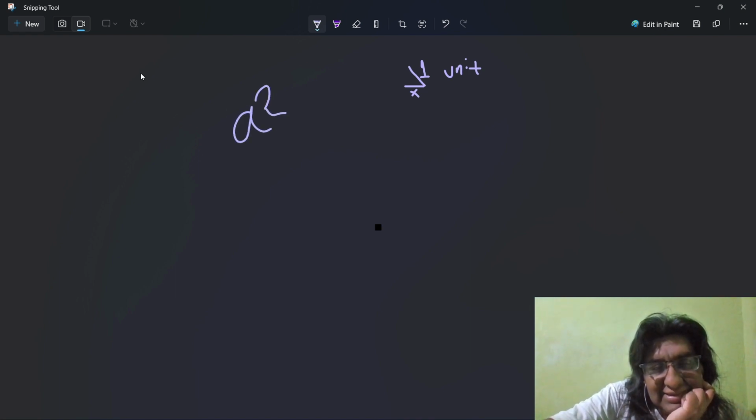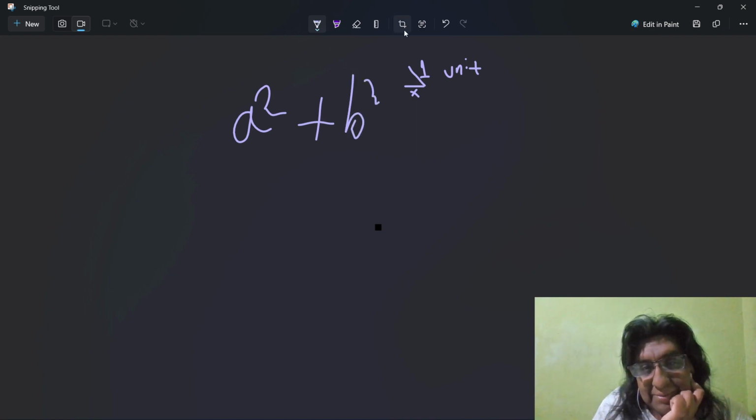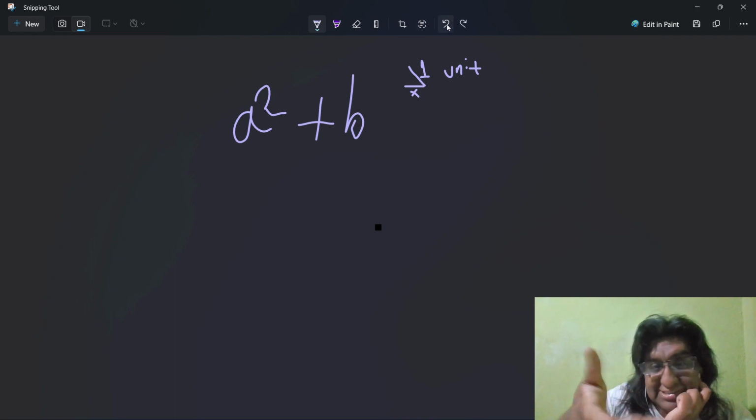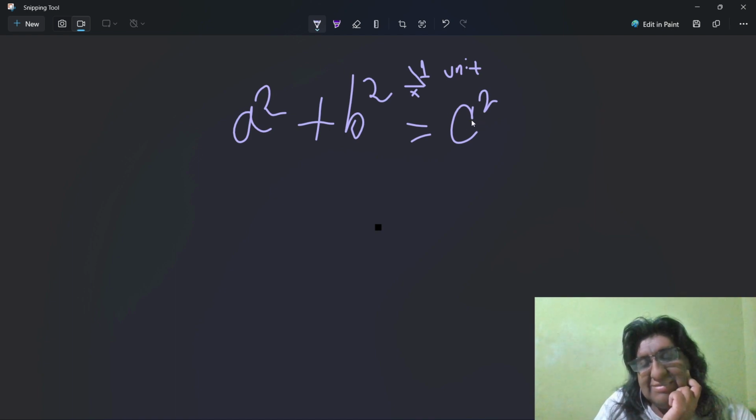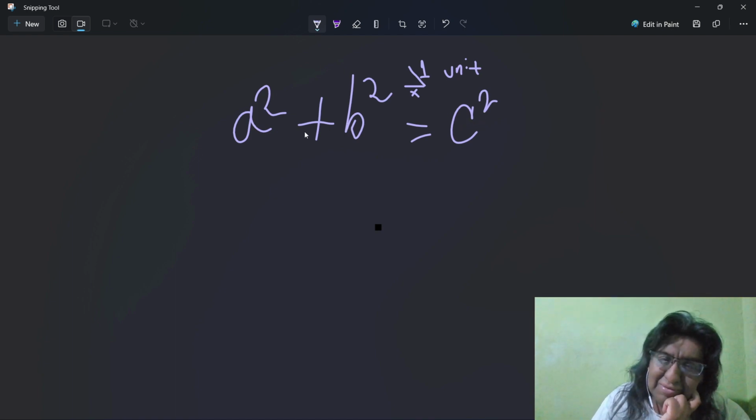It says that a squared plus b squared equals c squared. This is the first time I am writing on a touch screen. c squared is the hypotenuse.